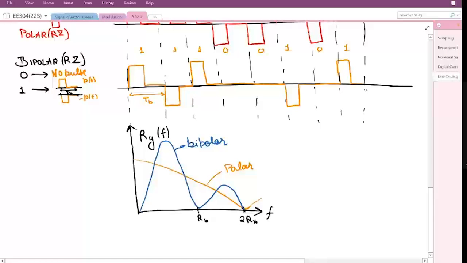So the bandwidth is again defined as the first zero crossing in here. So if I see the bandwidth of the bipolar versus polar, there is a clear advantage of bipolar over polar.